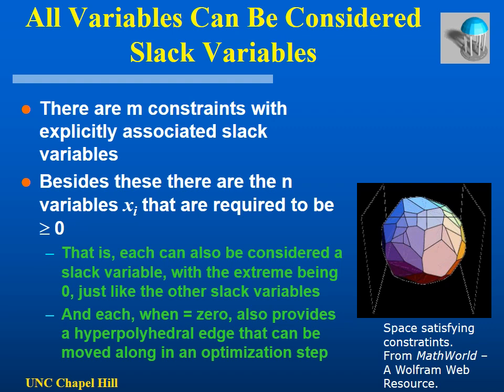So we have this flexibility of considering any n of the variables as the optimization variables, if you will, and any m of them to be the slack variables, the ones corresponding to the extreme of some constraint.